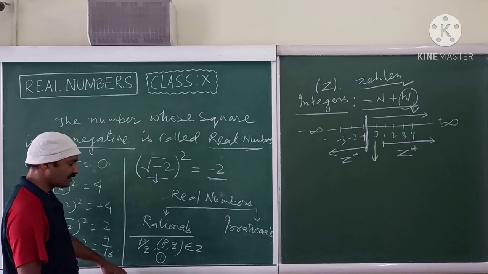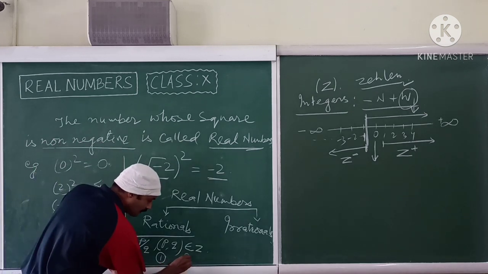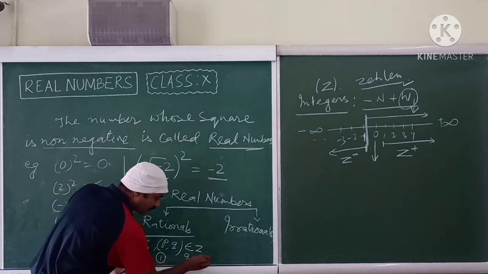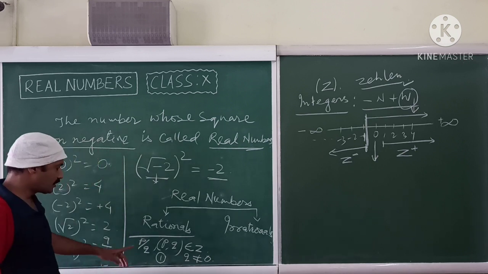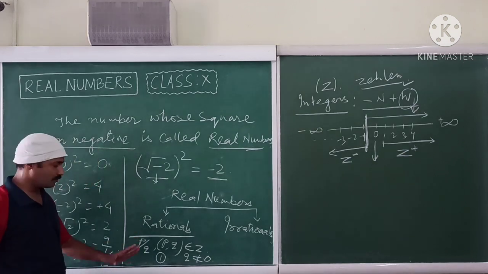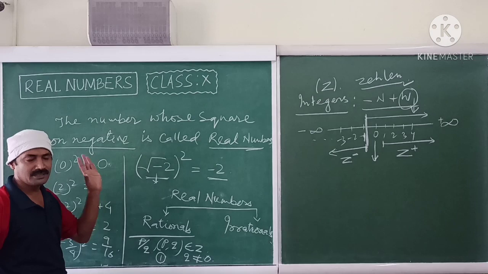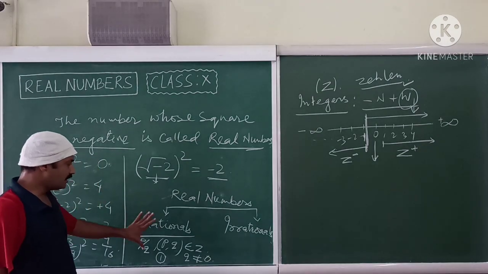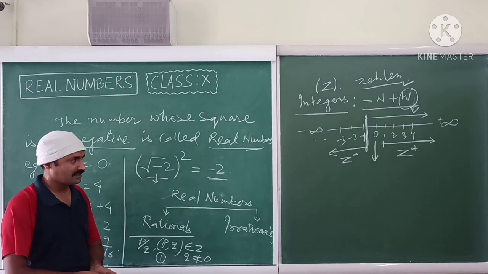The most important thing is that q should not be equal to 0: the numerator may be 0, but the denominator never will be 0.